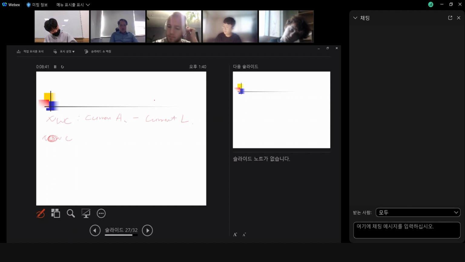So we need to consider there are two components of current liability. One is the liability with interest. The other one is liability without interest. For example, account payable.